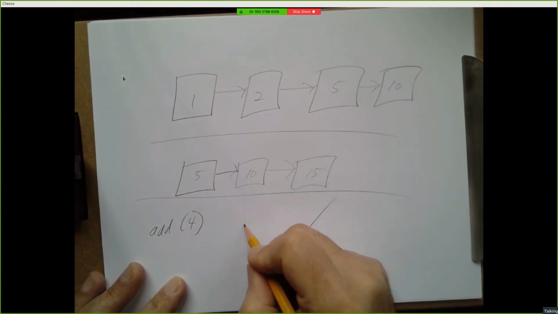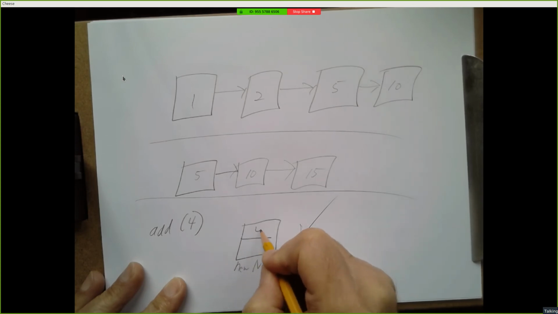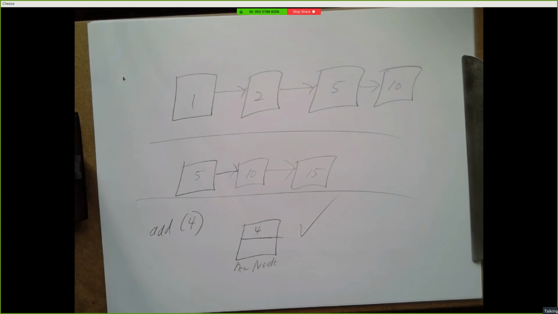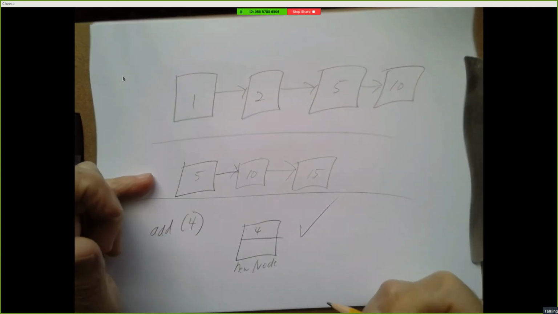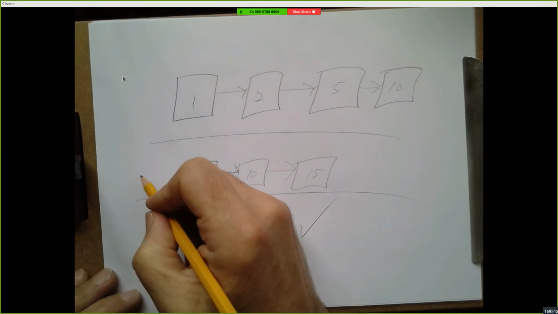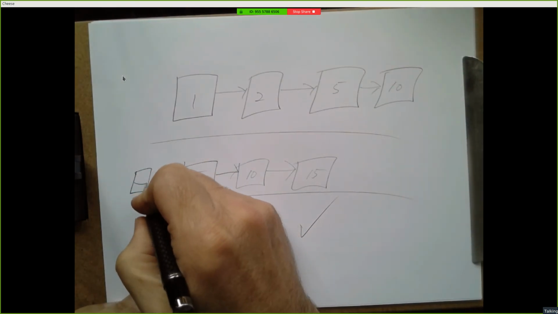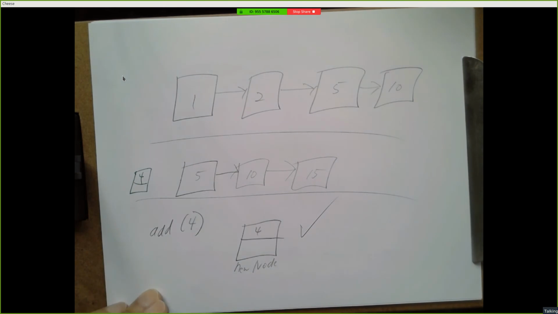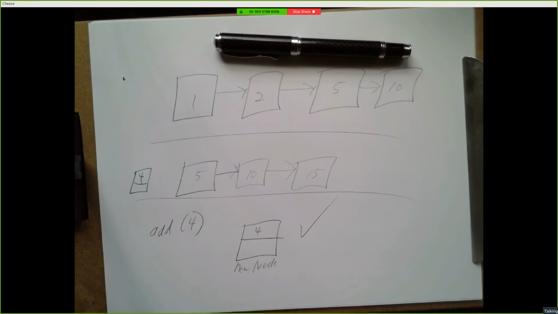So we're going to make a new node whose data value is 4. Well, in this case, we need to insert before the first node. We need to put our new node right here. And that is an edge case.